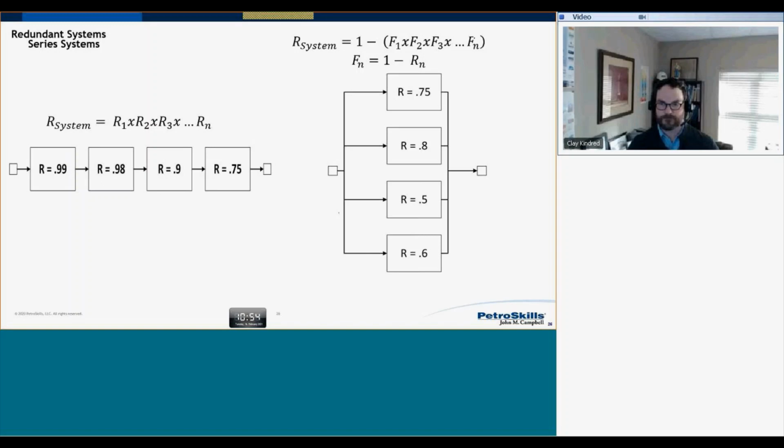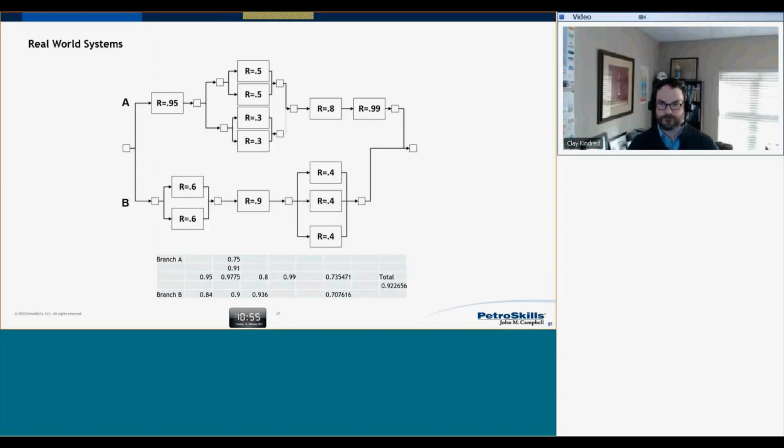Now, I'm not going to go through all this, but remember, you can have multiple components, each with their own reliability, and you can put that together to calculate the overall reliability of a piece of equipment, whether it's a series machine or a parallel machine, or even a real world where you've got multiples. As I said, I'm not going to spend time doing this. That's for a different topic.